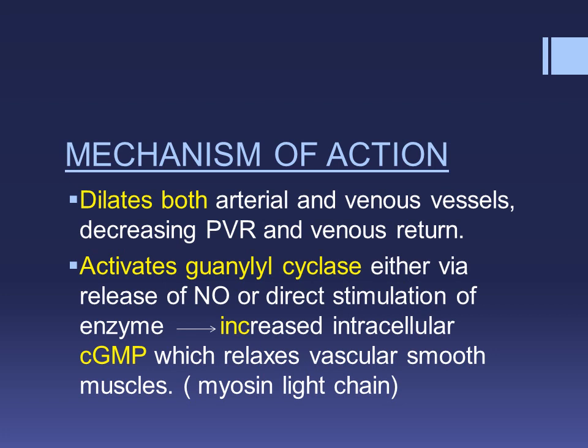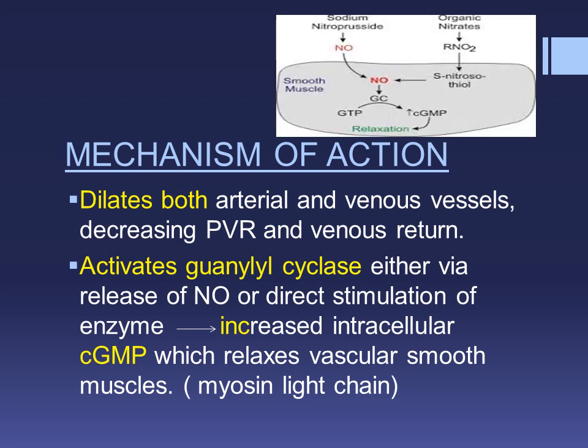As we can clearly appreciate in this diagram, let's have a quick look at it. Sodium nitroprusside is basically a nitric oxide releaser, and this nitric oxide then activates guanylyl cyclase, which causes the conversion of GTP into cyclic GMP, and the cyclic GMP is then responsible for the relaxation of vascular smooth muscle through the myosin light chain.